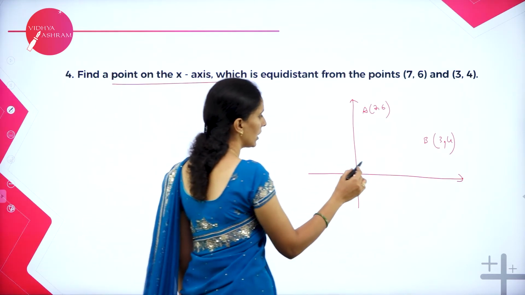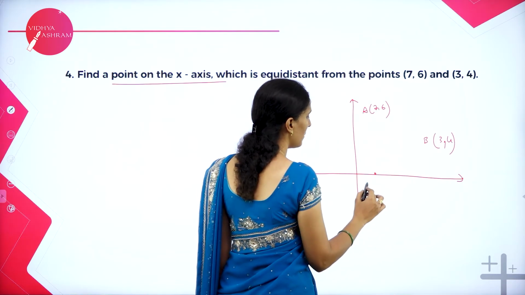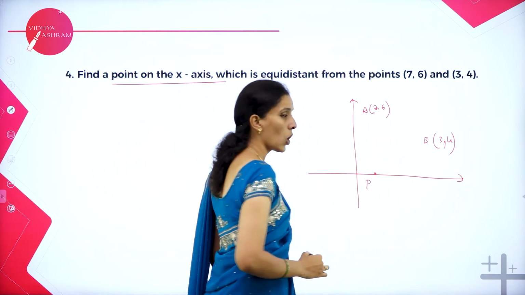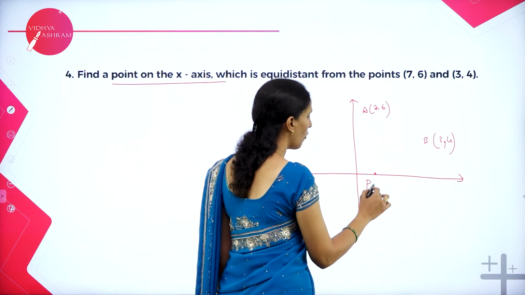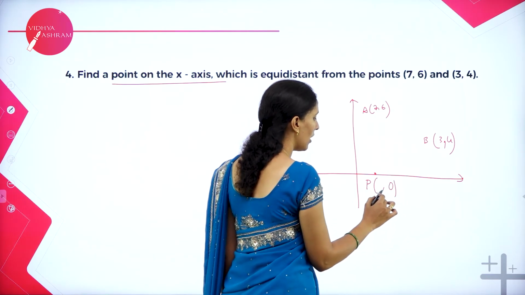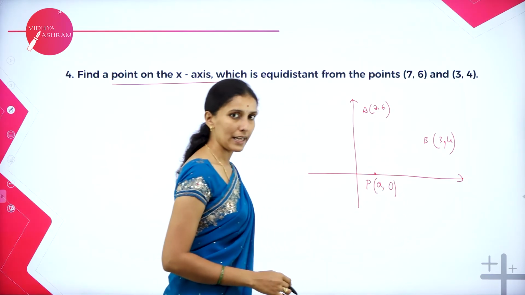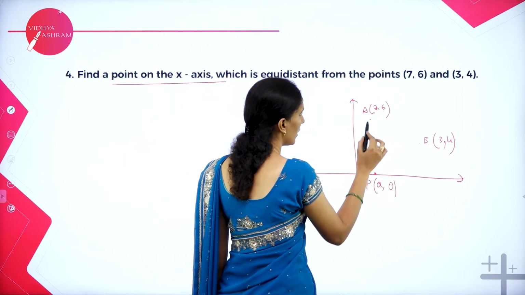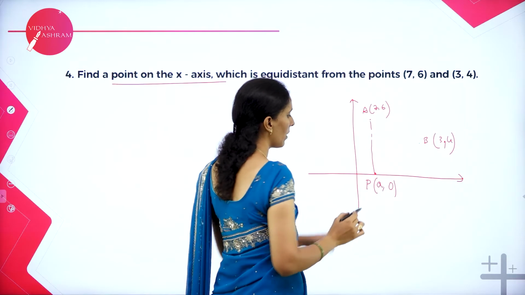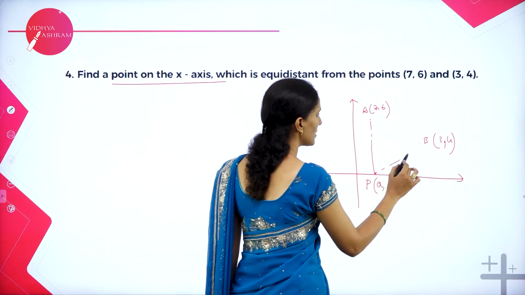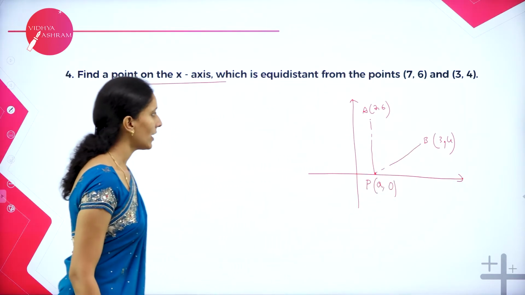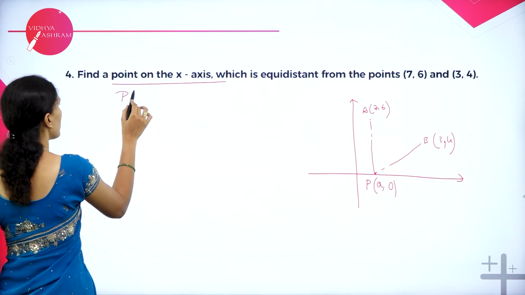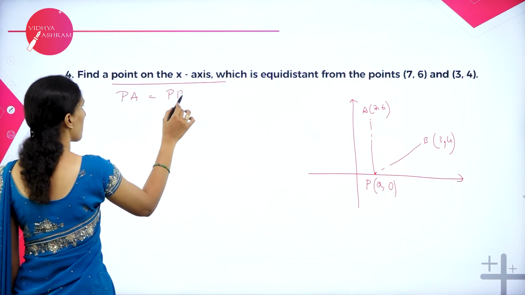Let me call it point P. On the x-axis, the value of y is 0. The value of x, I'll take as a. Now the distance from P to A is the same as the distance from P to B. That is, PA is equal to PB.